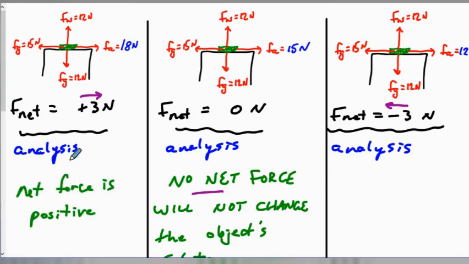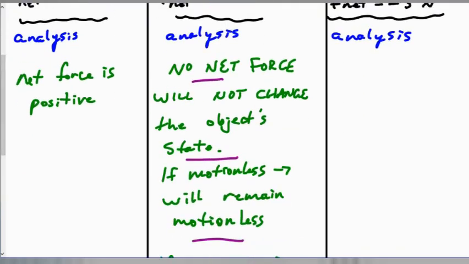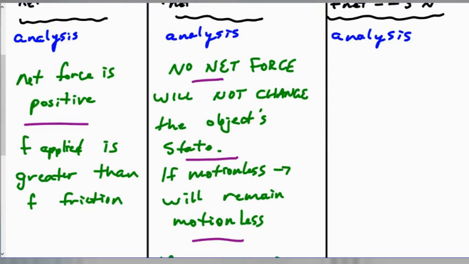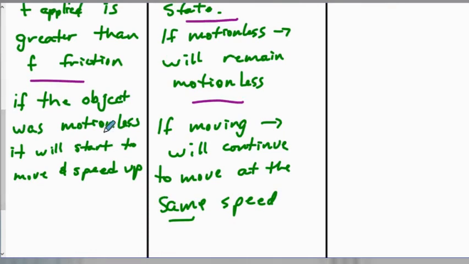So we have a positive net force. Once again, what does that mean? Well, that means that the force applied is greater than the force of friction. According to Newton's laws, if the object was motionless, it will start to move.